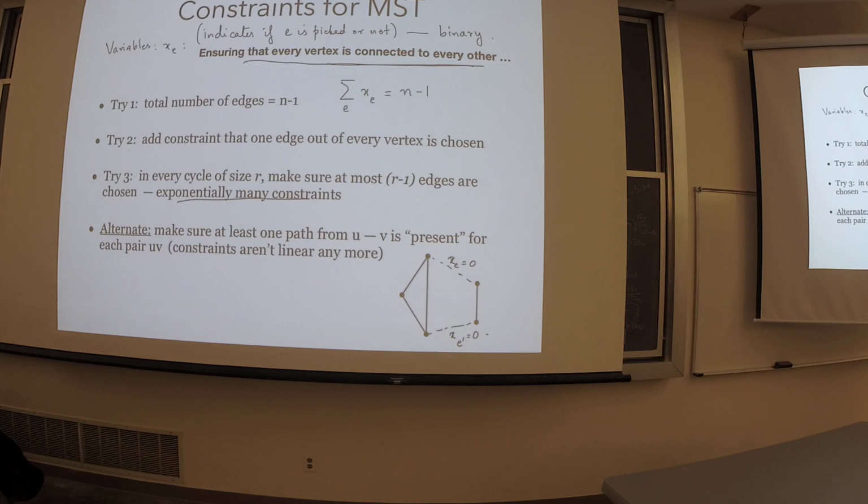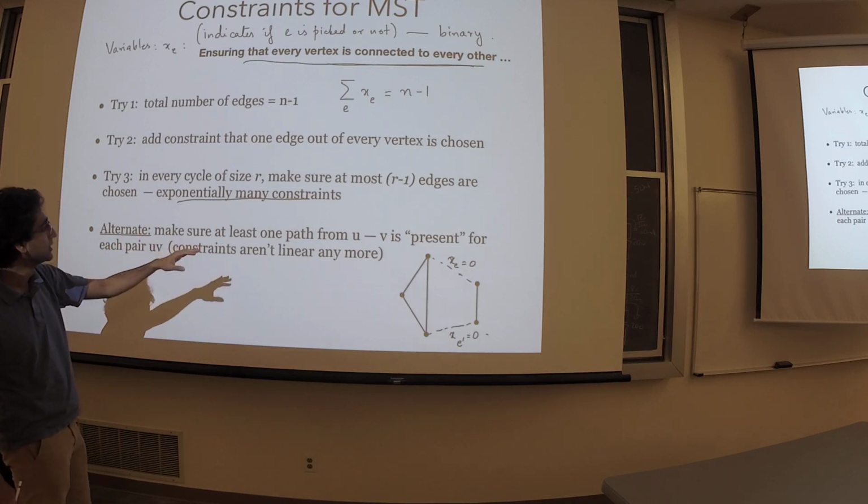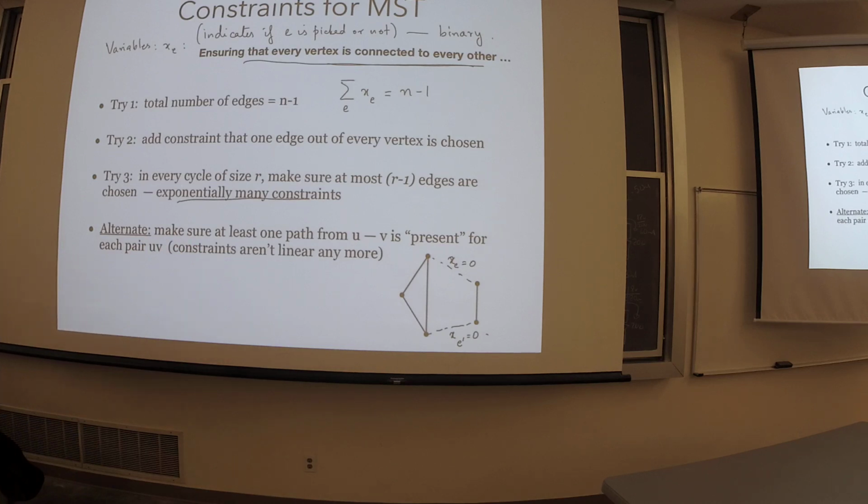There was also an alternate suggestion that somebody made, which is valid, but it was much more complex, right? So the solution was basically to make sure there's at least one path between any u to any v, and this was based on this homework problem that we saw about taking powers of matrices.